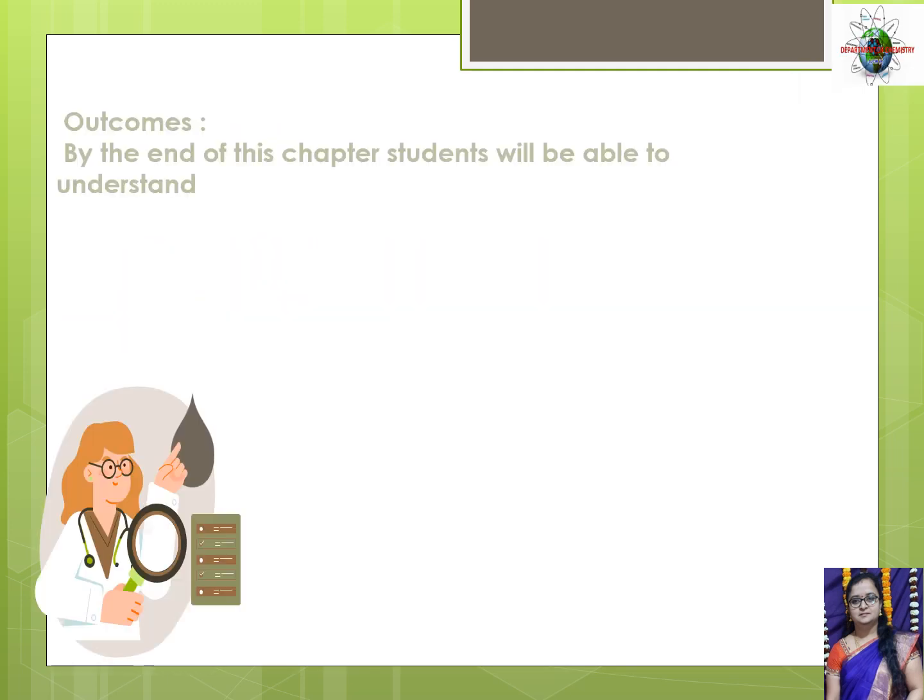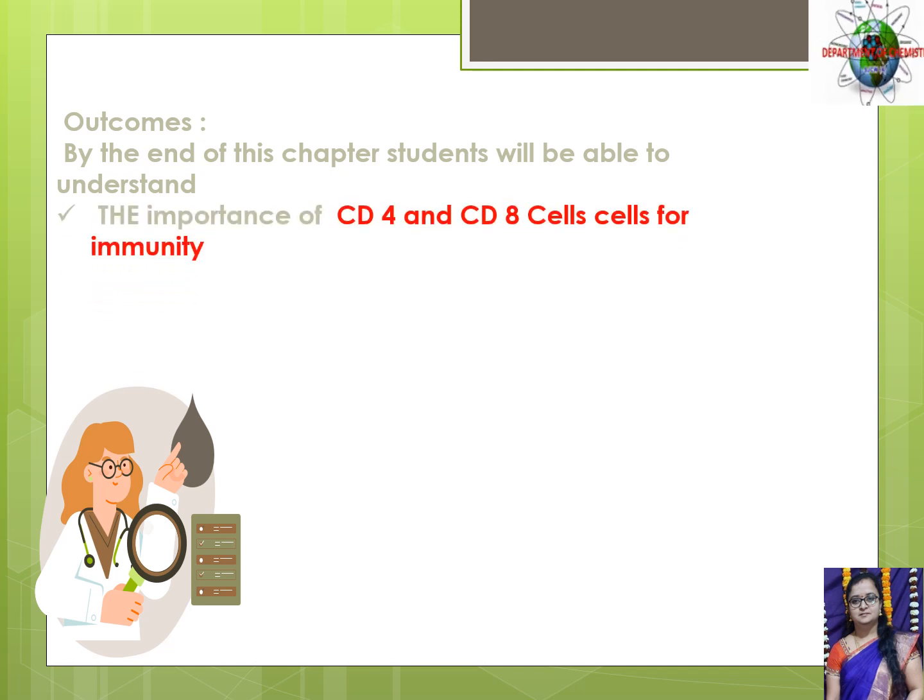The outcomes of this chapter are to understand the importance of CD4 and CD8 cells for the immunity, and the differences and similarities of CD4 and CD8 cells.